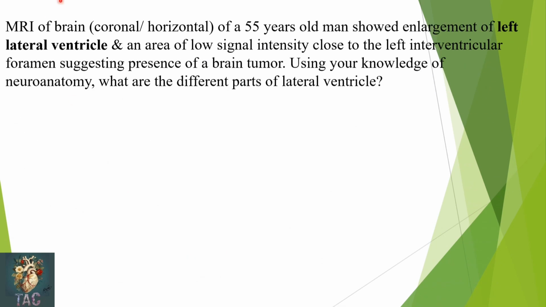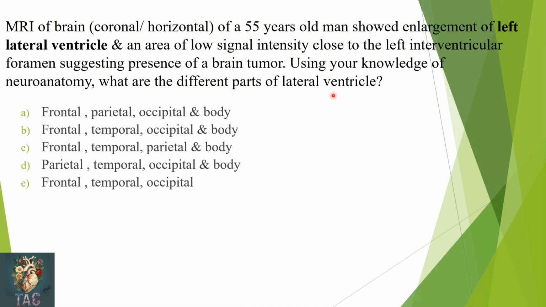Next MCQ: an MRI of the brain, the coronal section of a 55-year-old man, shows enlargement of the left lateral ventricle and an area of low signal intensity close to the left interventricular foramen, suggesting the presence of a brain tumor. Using your knowledge of neuroanatomy, what are the different parts of the left lateral ventricle?